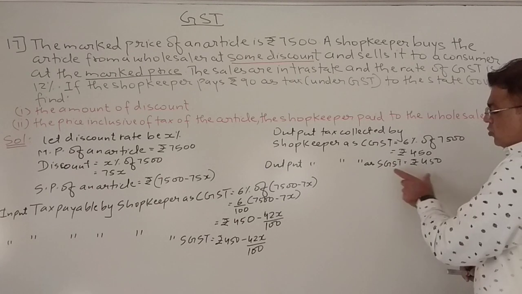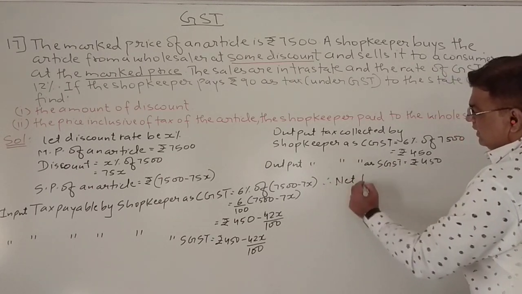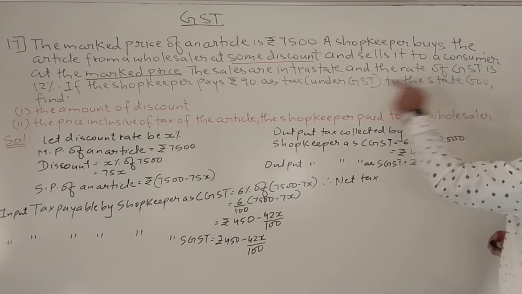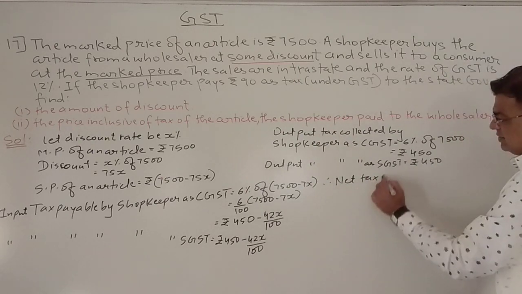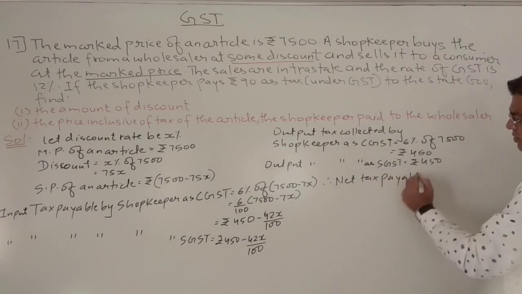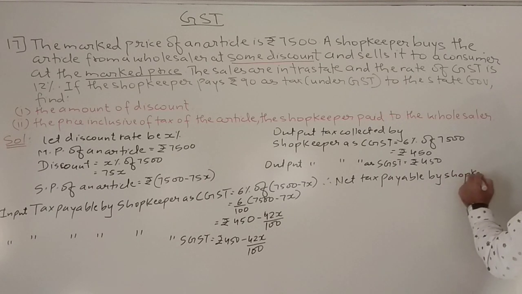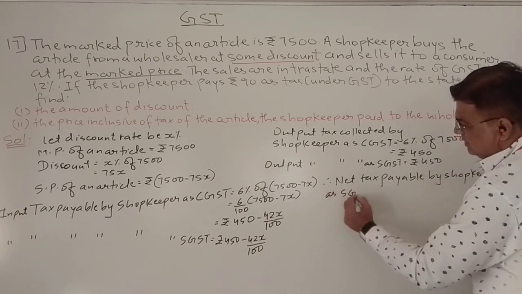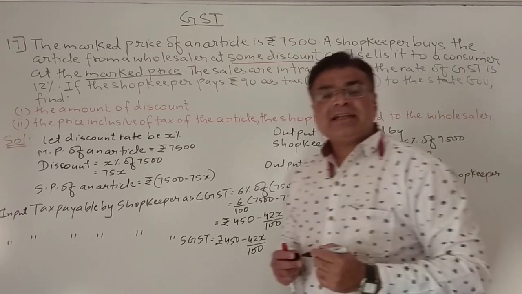So the net tax, and see it is given for SGST. So for SGST, what is the tax the shopkeeper has paid? 90. So net tax payable by the shopkeeper as SGST. Now we know how to find the net tax payable.